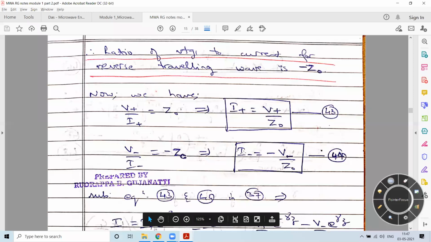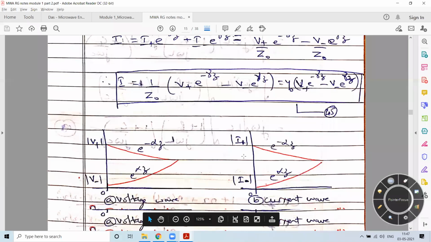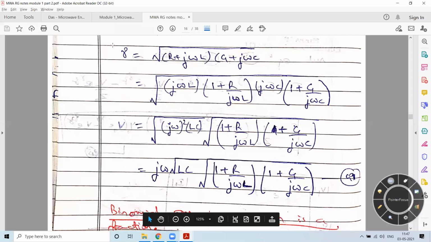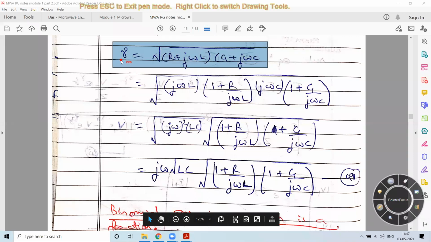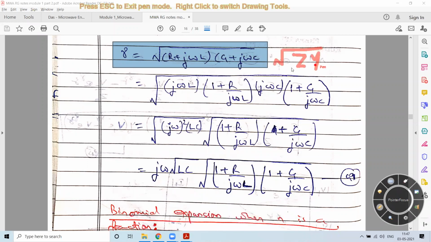Now, when we consider the other cases, say I want to obtain the solution for gamma. We know that gamma is equal to square root of Z into Y. But what is Z?